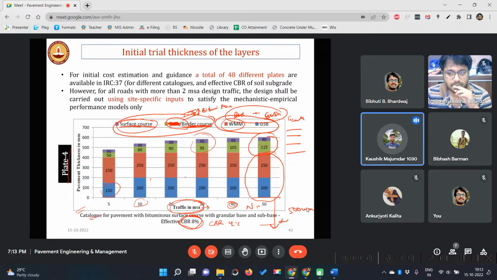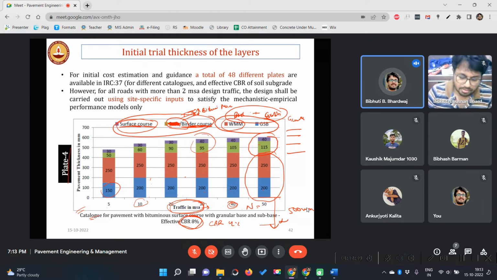Sir, because as our traffic is increasing, we need to provide greater thickness for sustaining it. Yeah, that's the basic concept. But my question now is: what is the relation with CBR? Say my CBR is 7%.